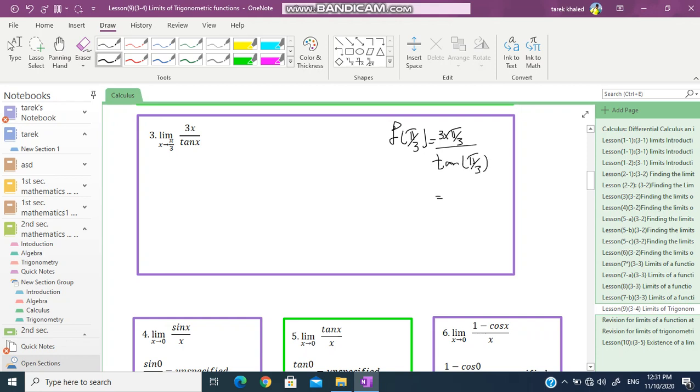Tan pi over 3, which is tan 180 over 3, equals tan 60, which equals root 3, and the numerator will be pi. So the value of the limit will be pi over root 3.